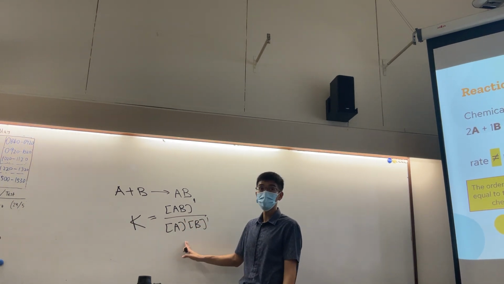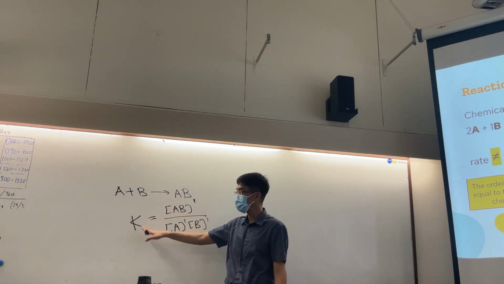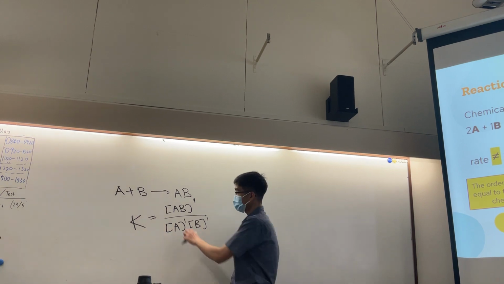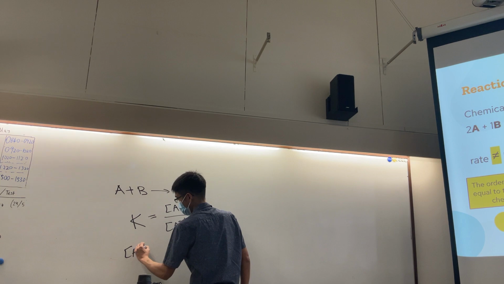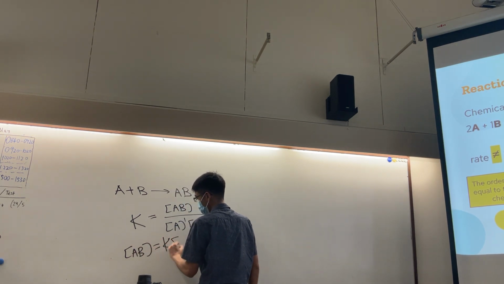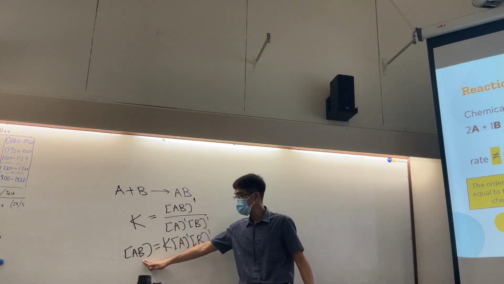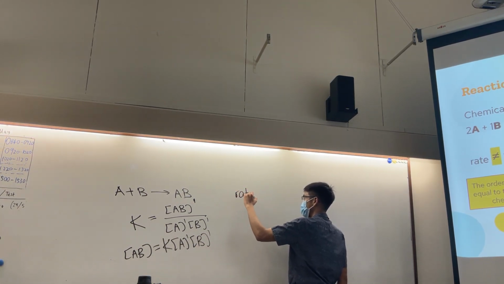After you learn the next topic, you will know that the products and the reactants are always related by a particular coefficient like this. So from this, you can see that your AB equals K times A power 1, B power 1. Then you can sub your AB into that expression over there, just mathematics.